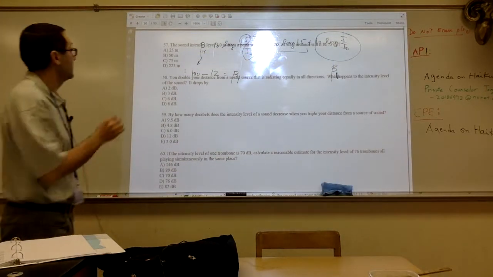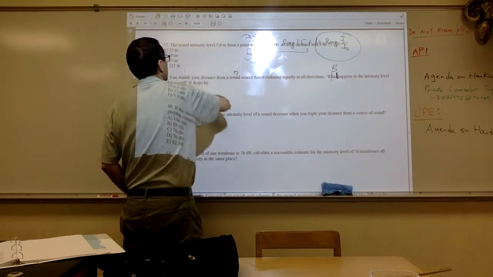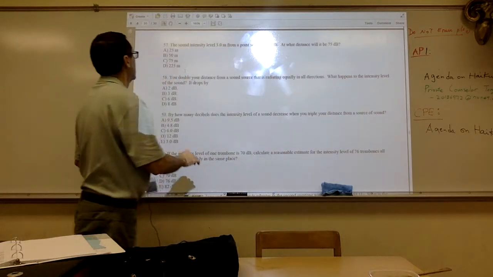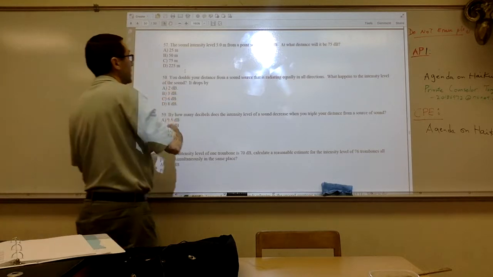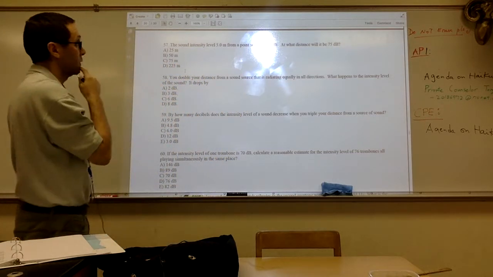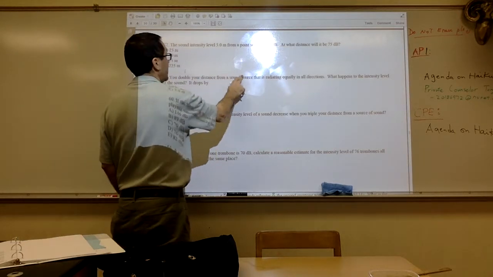All right, let's look at 57. Okay, the sound intensity level 5 meters from a point source is 95 decibels. At what distance will it be 75 decibels?